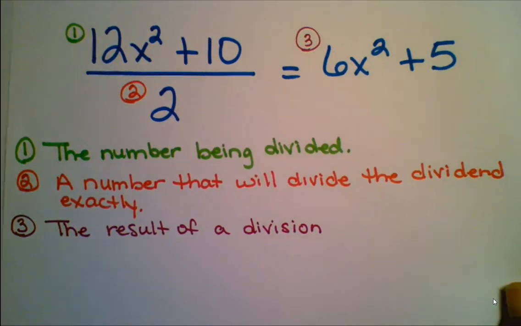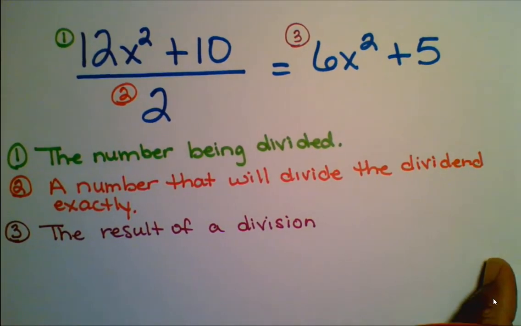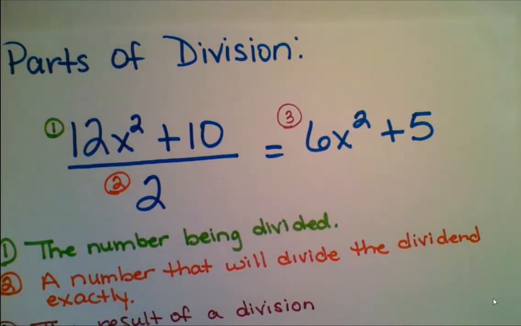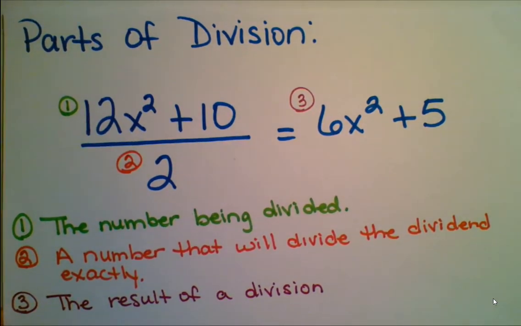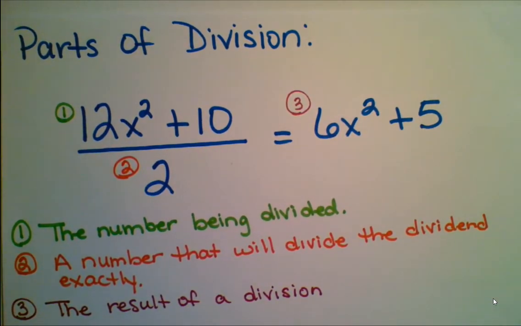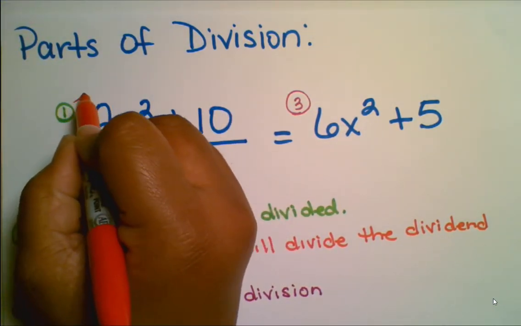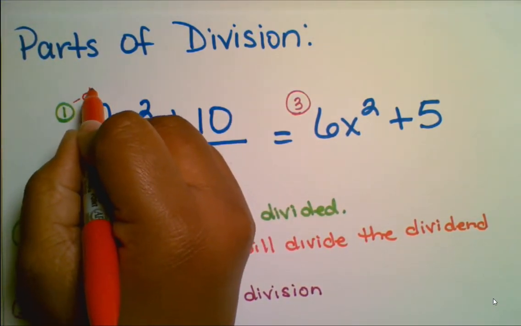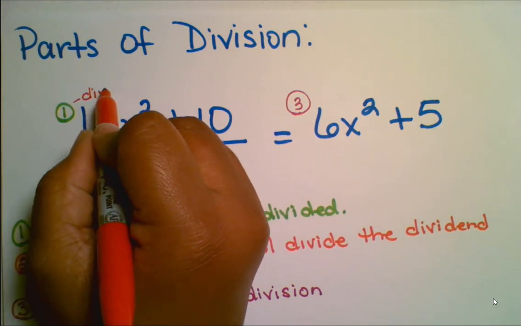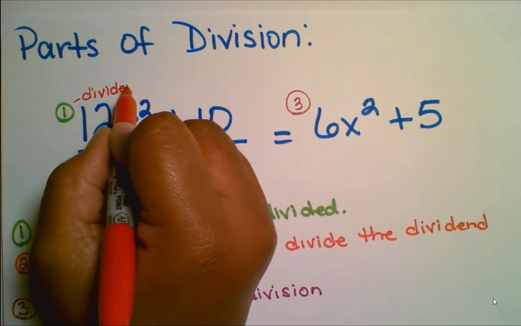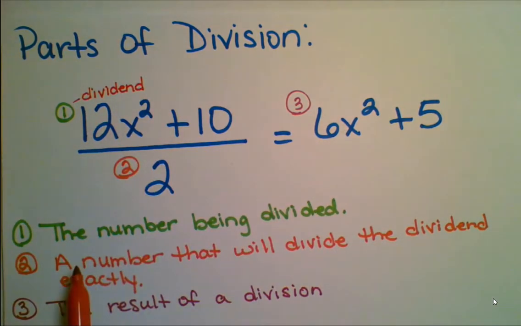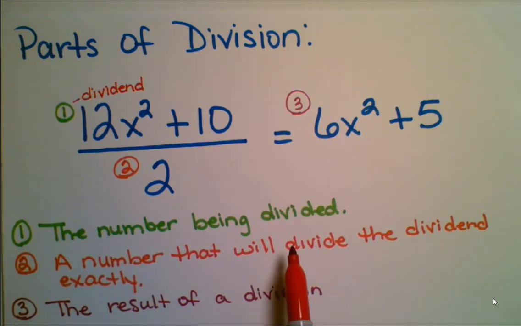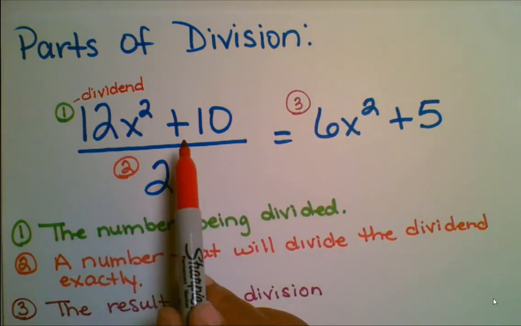Next, parts of division. You have what's called a dividend. This would be number 1. The dividend is the number being divided, or the expression that's being divided.